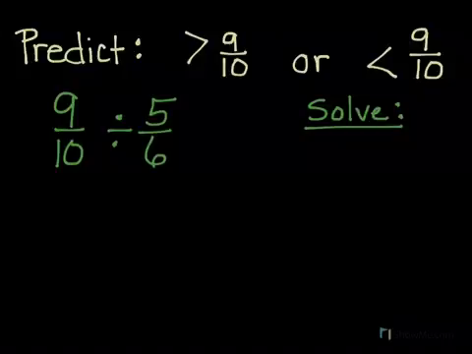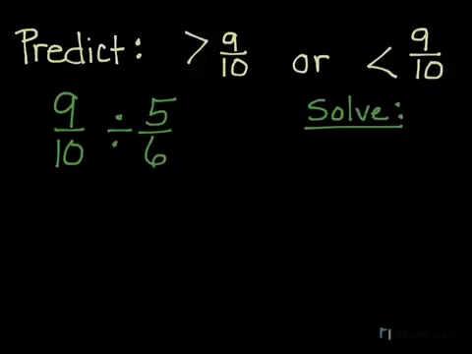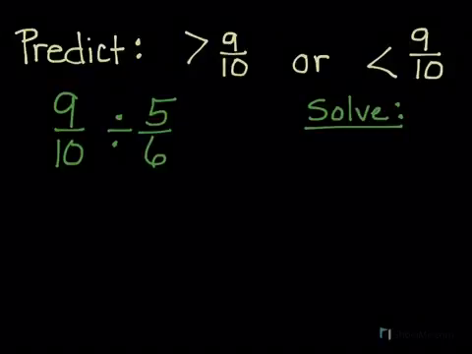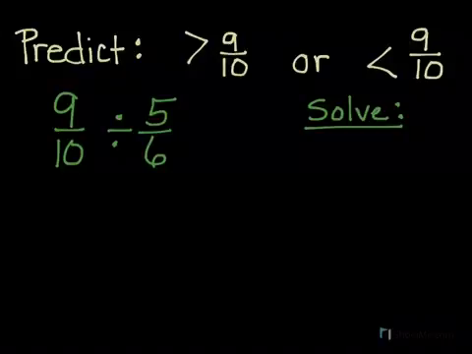I'm going to first start by making sense of it. So when I divide whole numbers, I take, for example, 8 cookies and divide it by 4, and I get 2, which would be 2 small parts. That doesn't work the same when we're dividing fractions. When we divide fractions, our answer gets bigger.